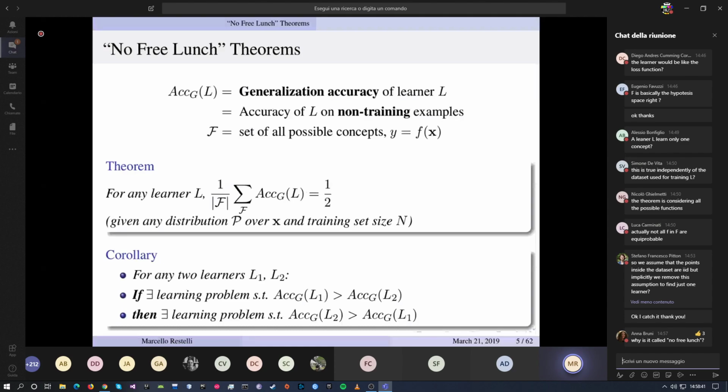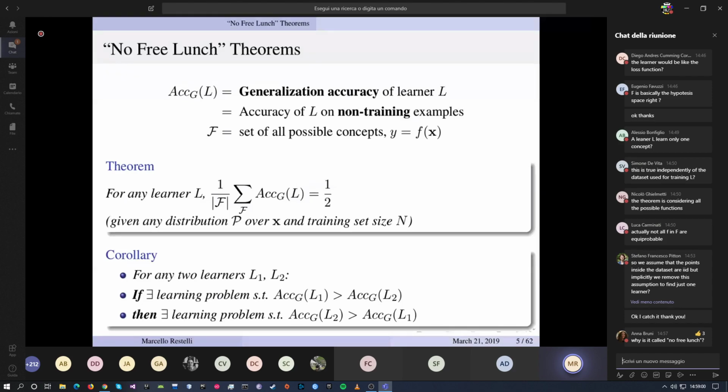So there are no free lunches. There is no algorithm that rules out all the other algorithms. There is no algorithm that is better than all the other algorithms, because if there is a problem where an algorithm is better than another, then there will for sure be another problem where the vice versa happens.